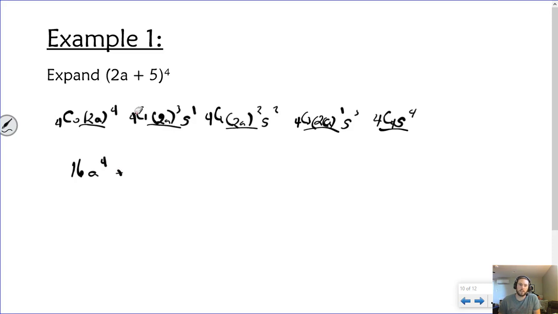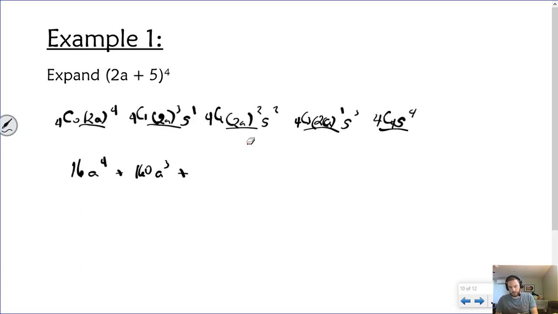Plus 4c1 is 4, 2 to the 3 is 8, and 5. So it's 4 times 8 times 5. So 4 times 5 is 20, times 8 is 160, a cubed. Plus, 4c2 is 6, I believe.